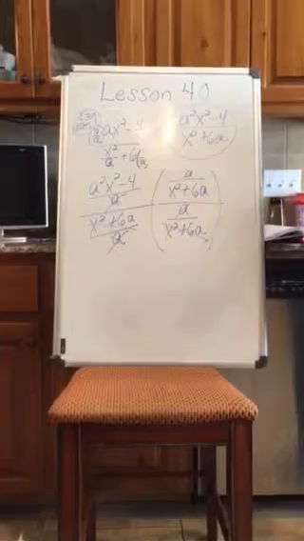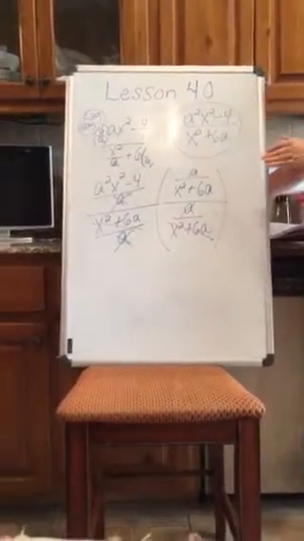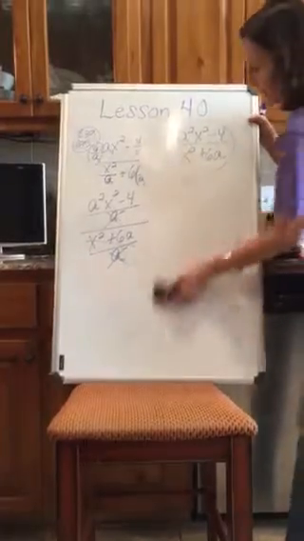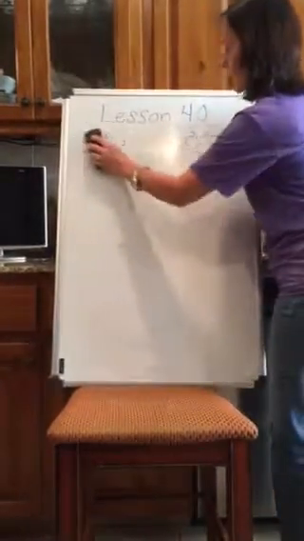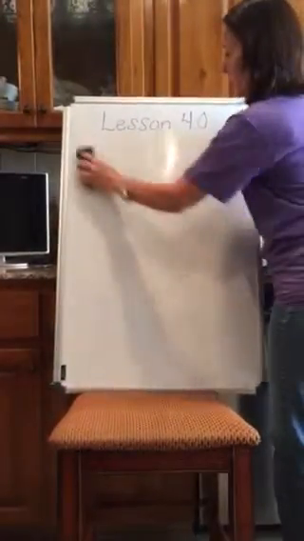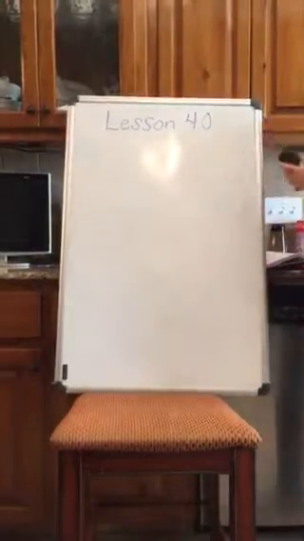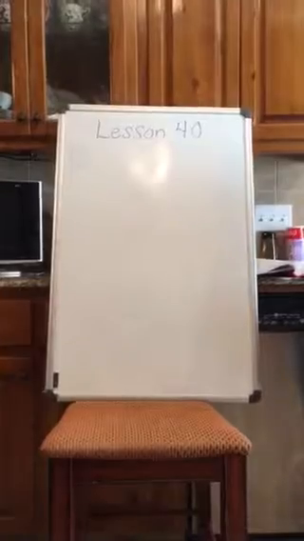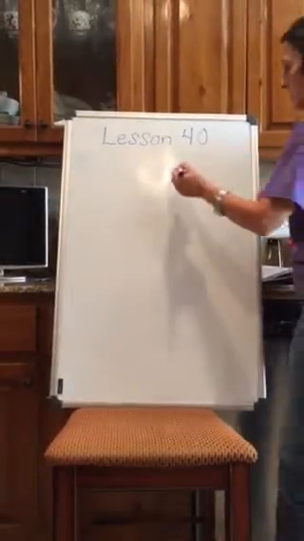Okay? Now in lesson 40, what we are doing is we're now going to solve for one of the variables. So you need to be able to manipulate your equations to be able to eliminate. In lesson 40, we have abstract equations, but we have an equal sign.